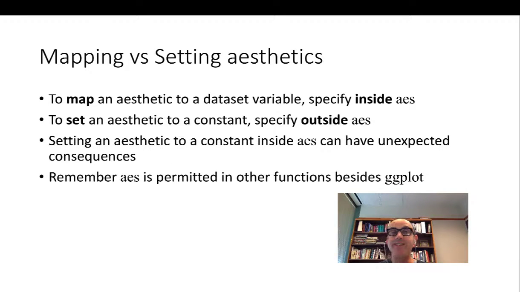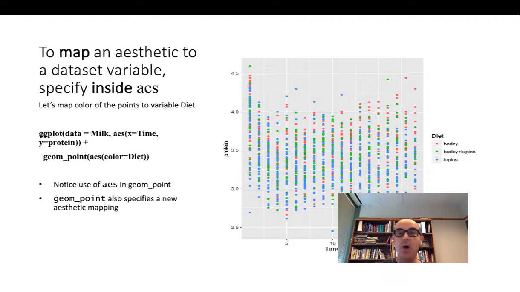So the mapping versus the setting of aesthetics is where we lay out how it is going to display and how it is going to allow us to use ggplot2 to display these graphics. So again, I showed a lot of examples of display and how it plays out.